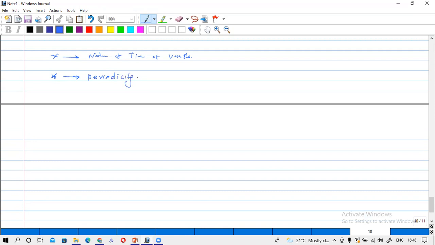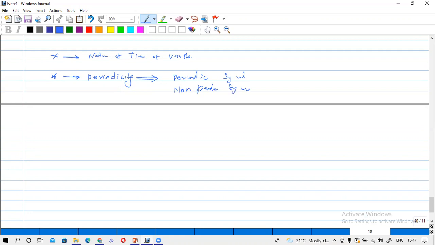Based on periodicity, we can classify a signal into two categories, that is periodic signal and non-periodic signal.